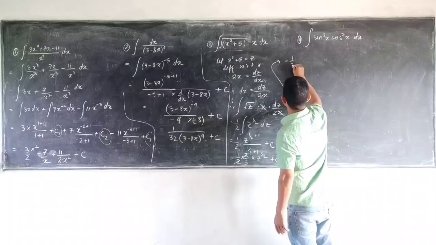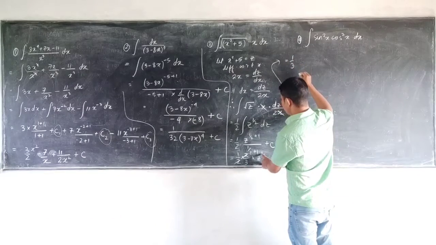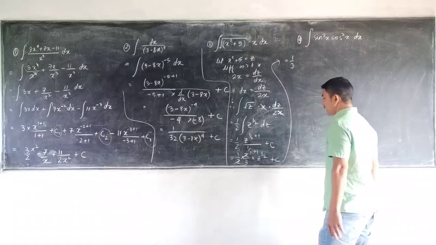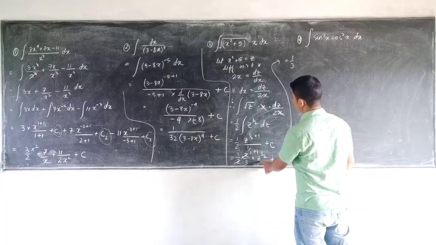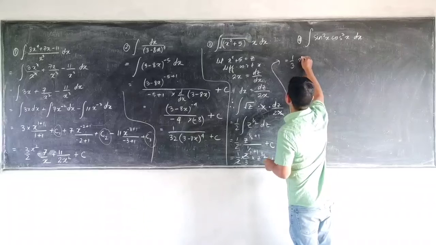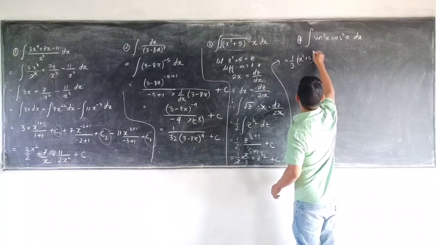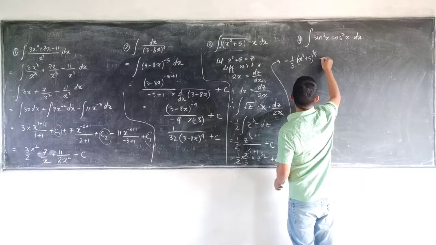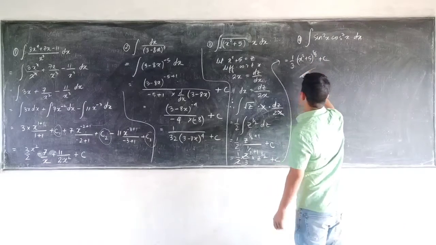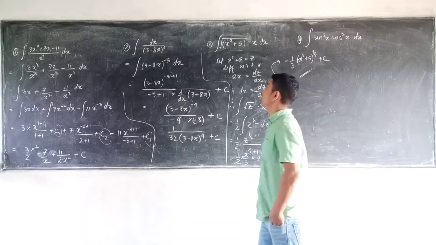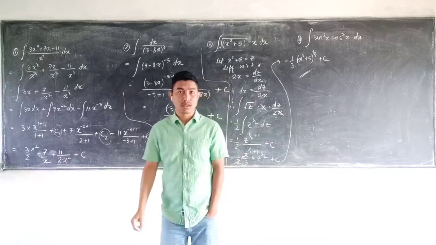Here it is 1 by 3 z to the power 3 by 2. Now in the final answer, I'll make the substitution of z again. So z here is equal to (x square plus 5) whole to the power 3 by 2 plus c. So this is the solution. So this is how we solve the questions of kind number 3.